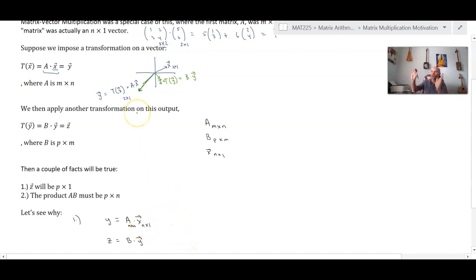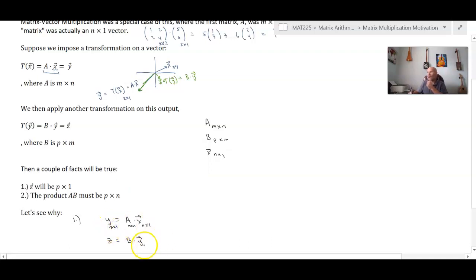Now, in our case, we were dealing with 2 dimensions, but we don't have to be in 2 dimensions. We could go from 2 to 3 dimensions, and then from 3 to 5 dimensions in our 2 multiplications. So y, notice, will be an m by 1 vector by matrix vector multiplication.